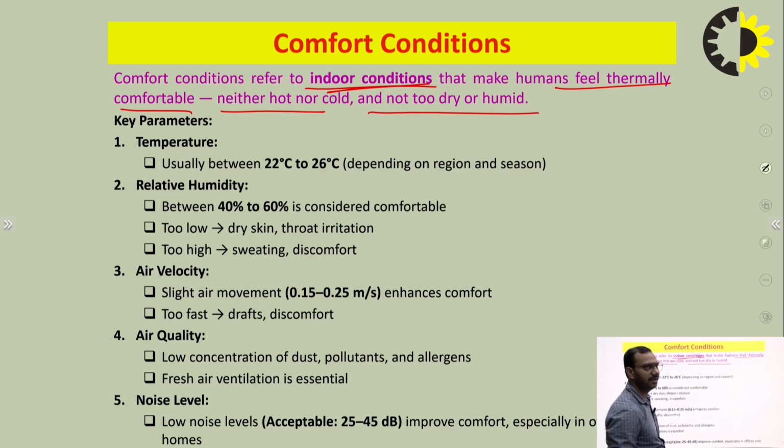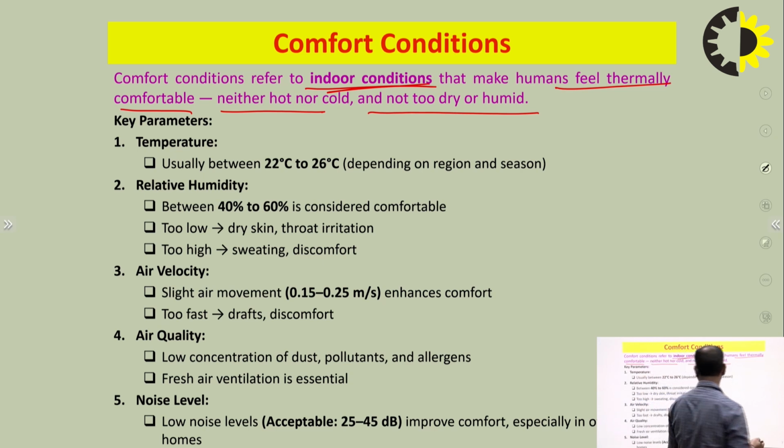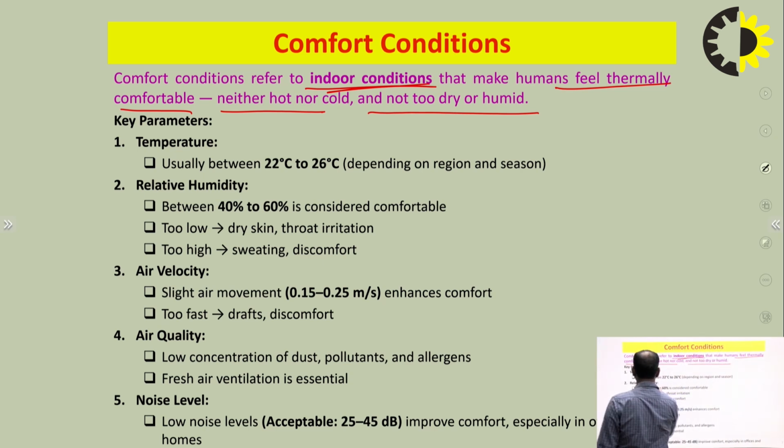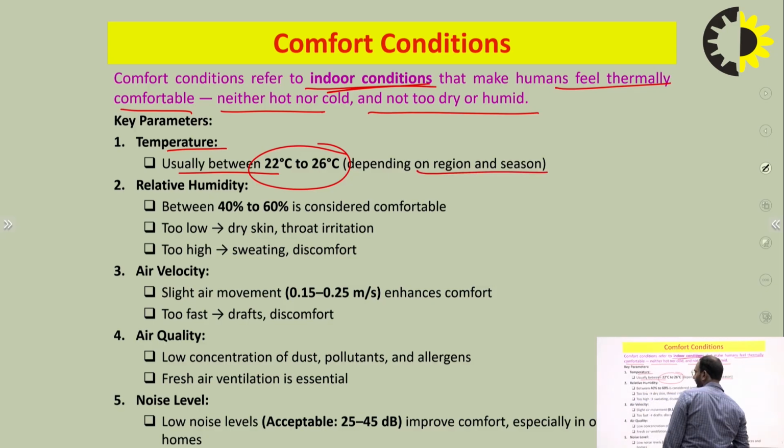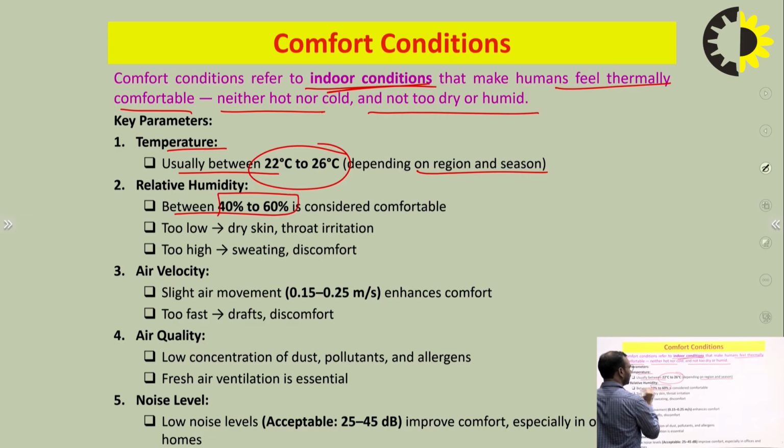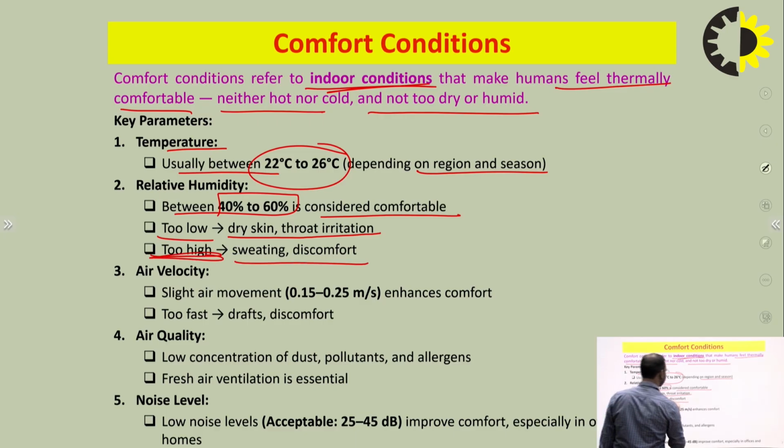The key parameters of comfort conditions: the first one is temperature, usually between 22 degrees Celsius and 26 degrees Celsius depending on region and season. Then relative humidity between 40% and 60% is considered comfortable. If relative humidity is too low, it causes dry skin and throat irritation, and if it is too high, sweating and discomfort.